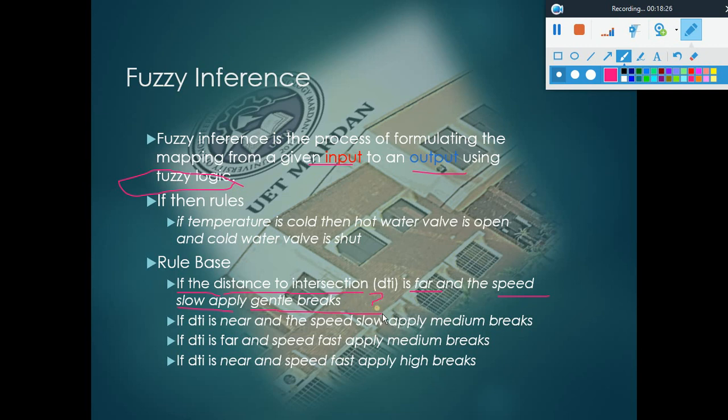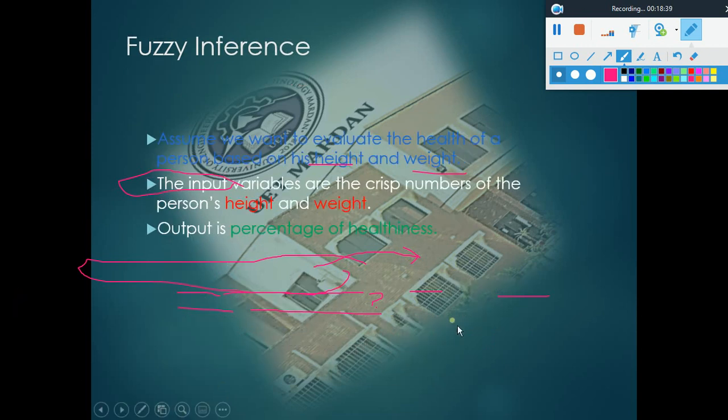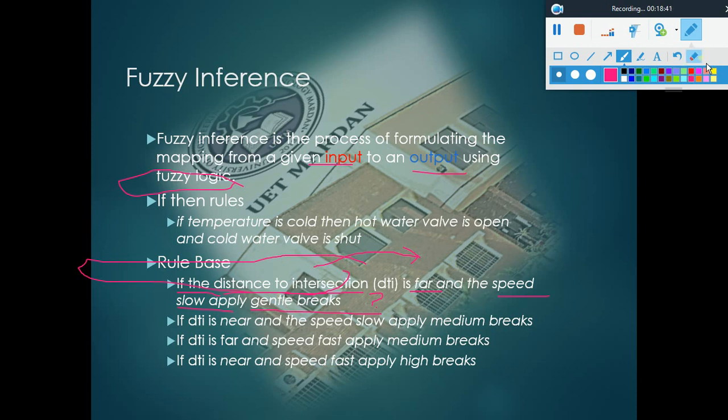So here we have conditions and values, and to those values we have an associated action, and so on. You can read out all these rules and the actions associated with those rules.